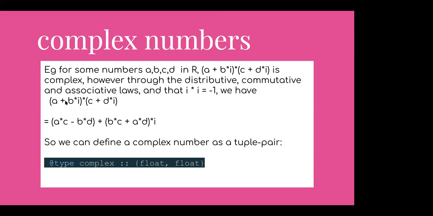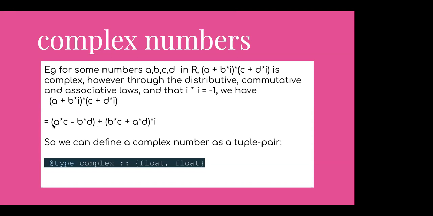So in this case, I've got a plus bi times c plus di. So there's two different complex numbers. And when you follow those laws that I mentioned before, like the distributive laws and commutative laws and associative laws, you get this expression. And the important takeaway here is even after multiplying these two complex numbers, you get a number which is still in the same form as before.